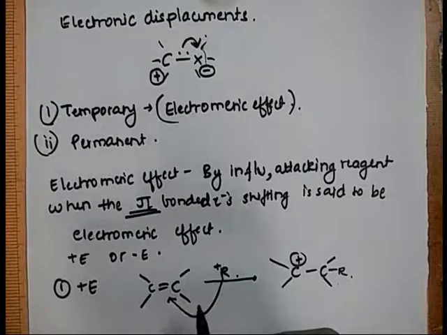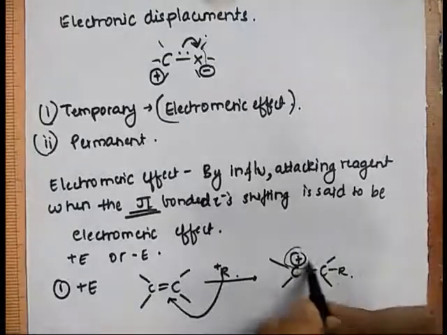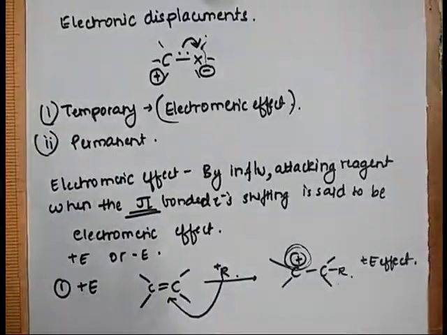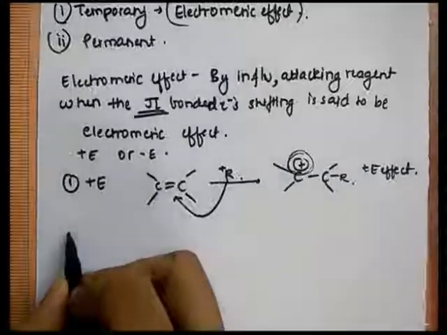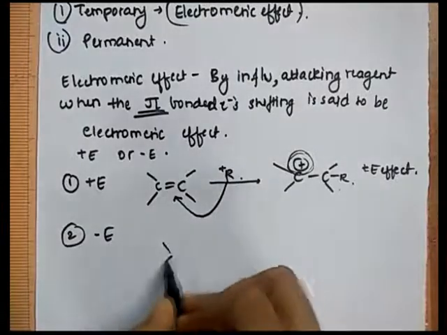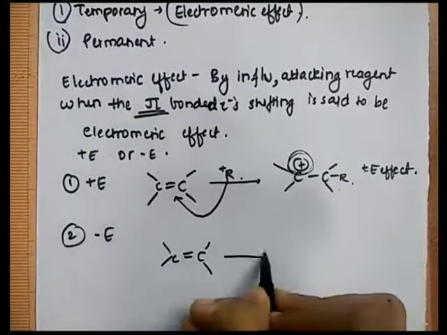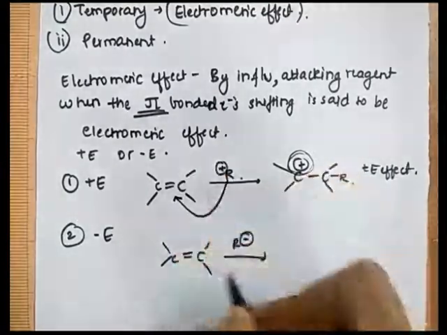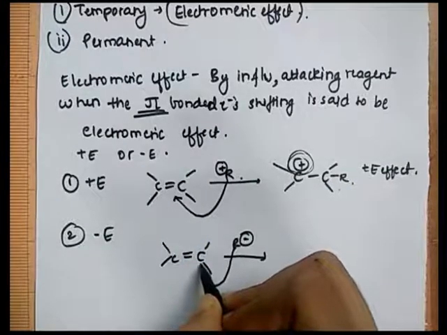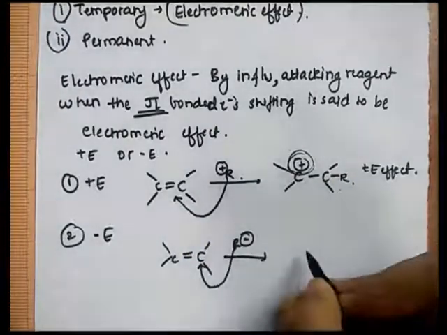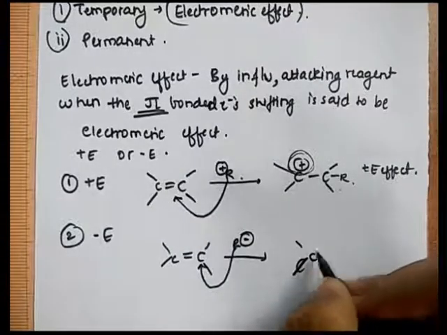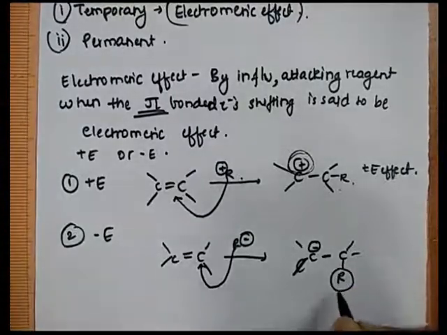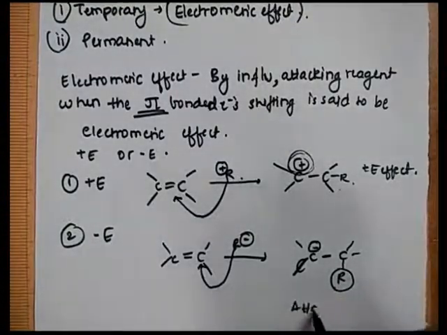Here we have received a positive charge, so it is a plus E effect. In the second type, the minus E effect, the attacking reagent is negatively charged, whereas here it was positively charged. When it attacks the molecule, one carbon will get a negative charge and to the other carbon the attacking reagent will be attached.